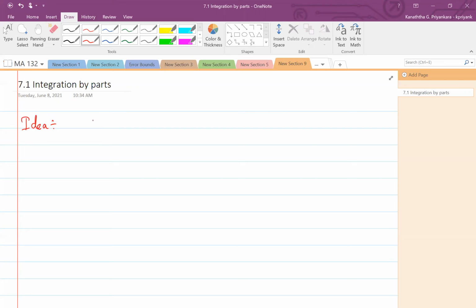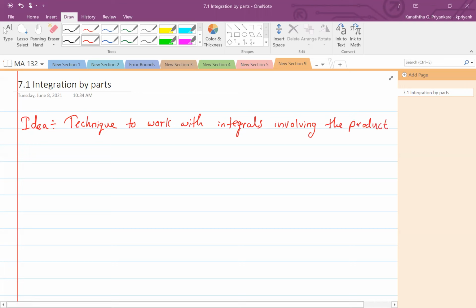So this is a technique to work with integrals involving the product of a function u of x and the derivative of another function.